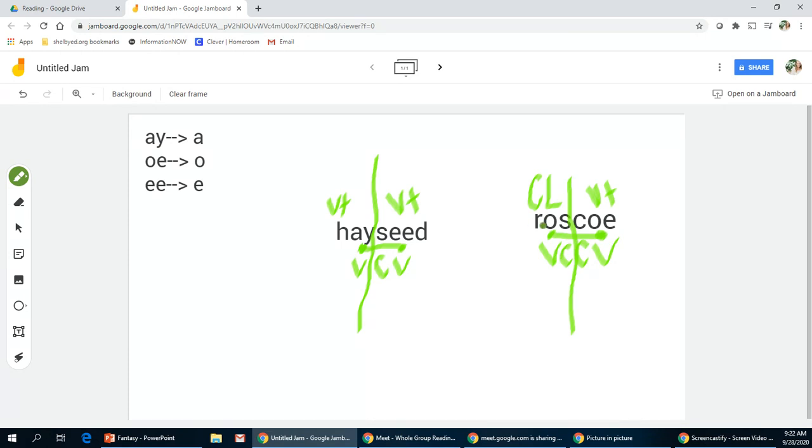In a closed, it says its sound. So this first syllable is going to have the short O sound. So what does this first syllable say? Ross. Good. And what does OE say? Oh. So what does that second syllable say? Co. So what's our word? Roscoe. Good. All right, last one.